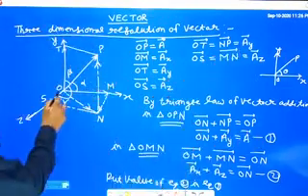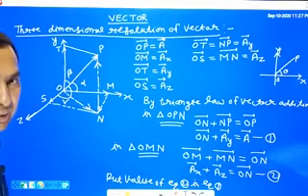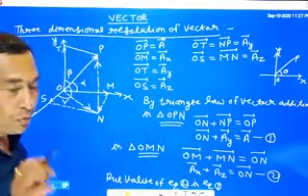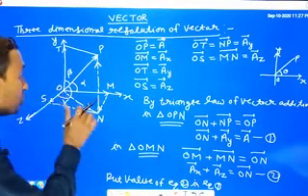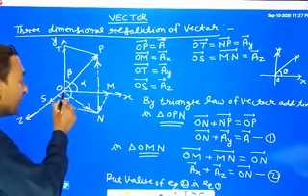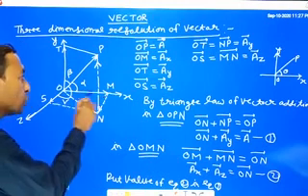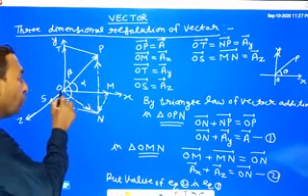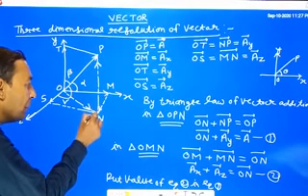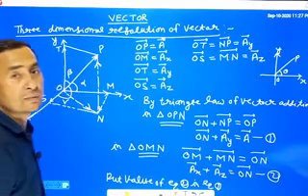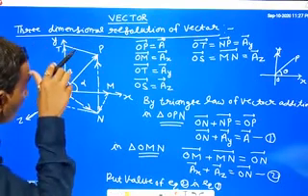Now in triangle OMN, again we apply the triangle law of vector addition. You find the two sides in the same order. The same order sides are OM plus MN. This OM is O to M, MN is M to N. Then OM plus MN equals, in opposite order, ON. Okay, now what is OM?